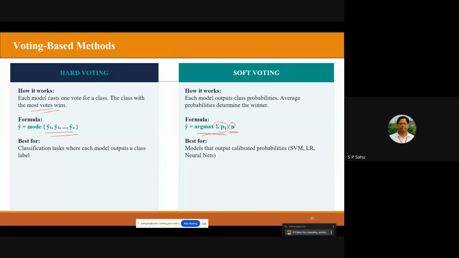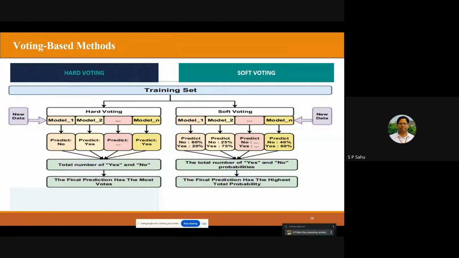So models that output calibrated probabilities, such as SVM, LR, and neural net, are suitable for this. These are the suitable methods for classification or binary classification. So with the training set and hard voting, we count the total number of yes or no, and whichever is greater will be the final outcome.